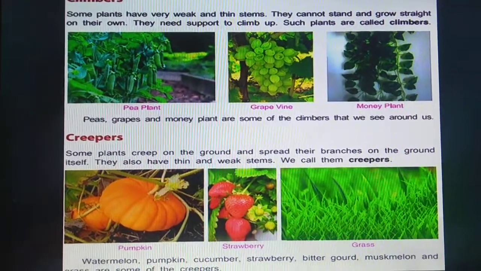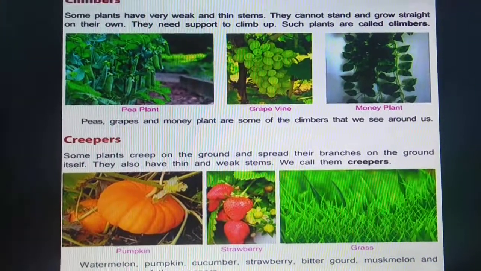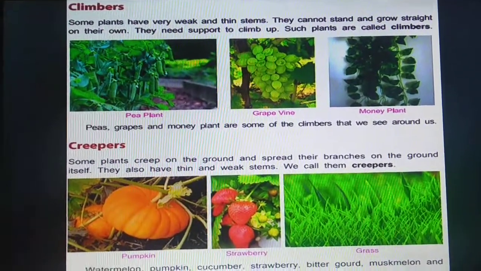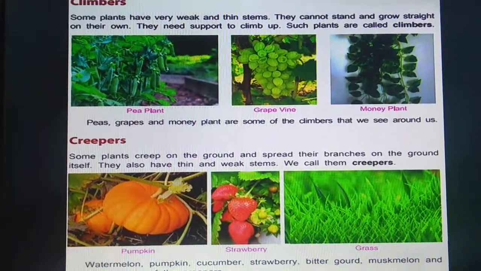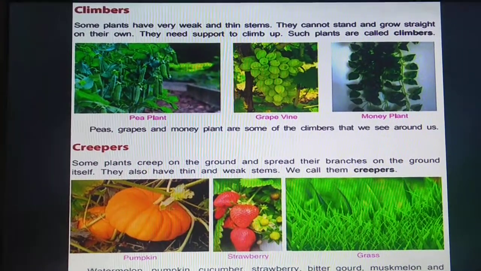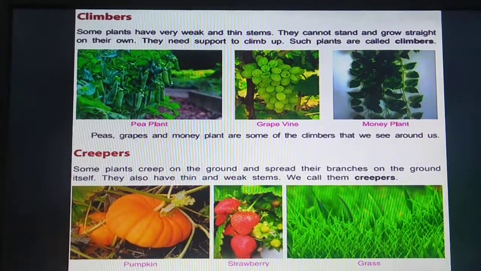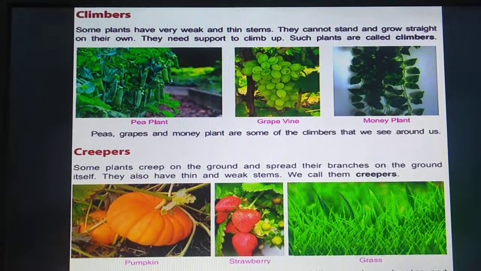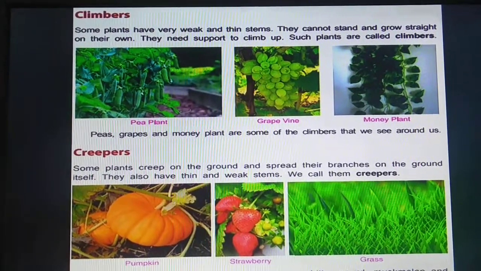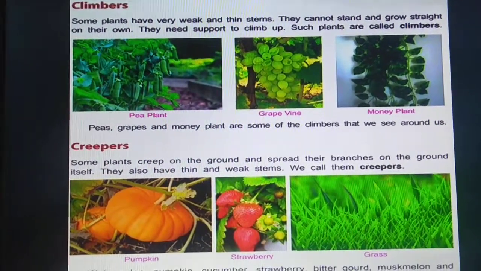This is the page from your book My Living World, Climbers and Creepers. Children, you have already learnt about these two topics, but again I am reading these lines from your book and you listen carefully and try to understand. Some plants have very weak and thin stems.